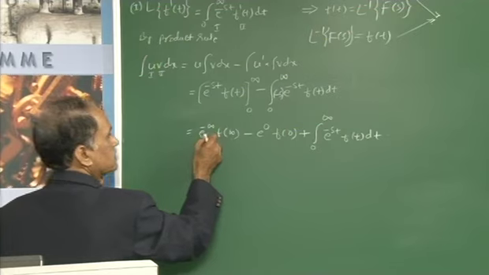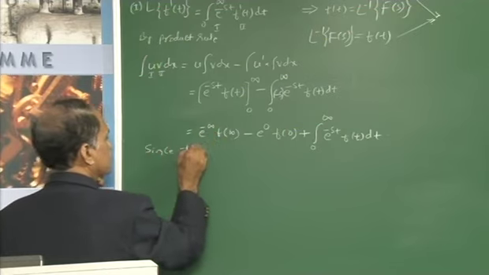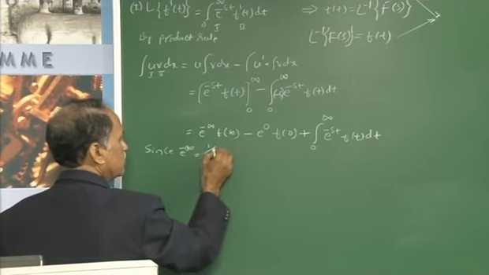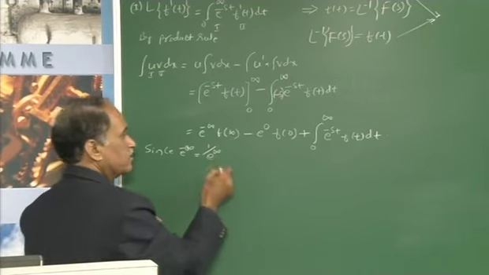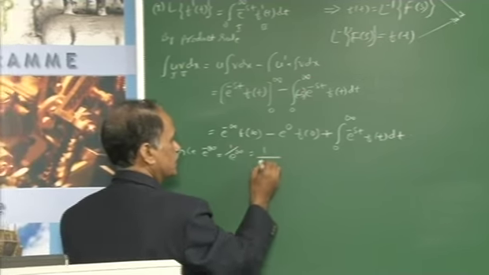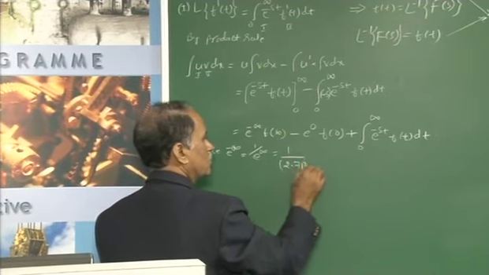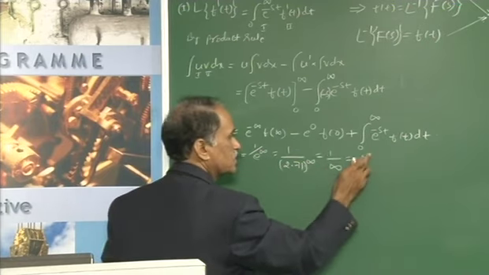But in this case e to the power minus infinity is 0, that means 1 divided by e to the power infinity. So 1 divided by e to the power infinity is equal to 1 divided by 2.71 whole to the power infinity. This is 1 by infinity and the answer is 0.